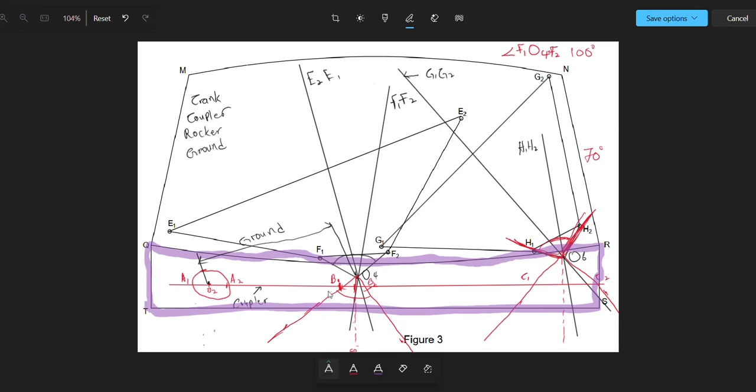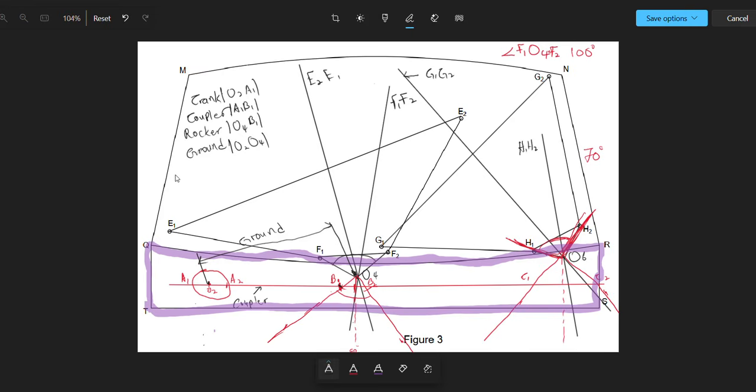And your rocker is from O4 to B1. So let me write it here. Rocker is O4 B1. Crank is equal to O2 A1. Coupler is equal to A1 B1. And then your ground is equal to O2 O4. So you measure this length.